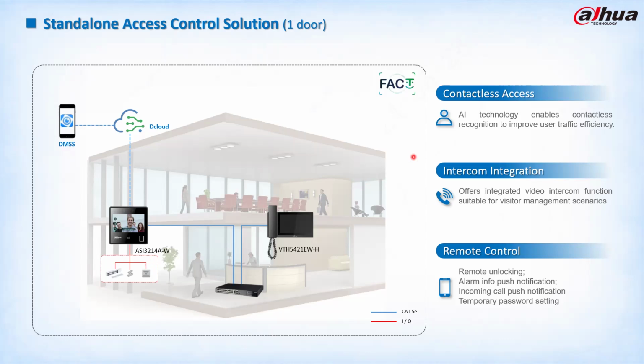Then we have video intercom integration. I mentioned something to do with it. It offers integration with a video intercom function, which is more suitable for visitor management scenarios, whereby a visitor just comes in and doesn't have access by face, fingerprint, password, or card itself. So we have the call function on the device.